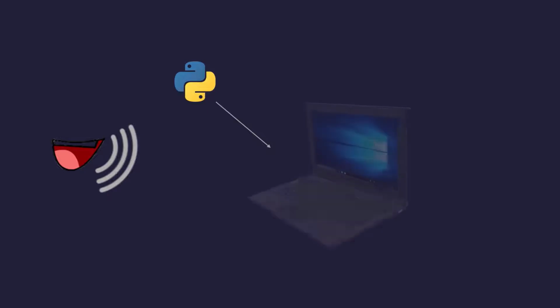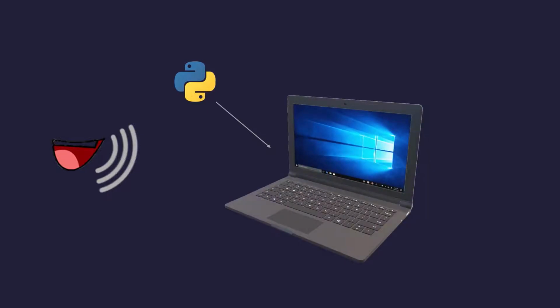The first thing is talking. You have to talk, and your speech should be recognized by Python and go through speech recognition, and your PC should give you an output of what you've asked it, like if you ask the weather, or the virtual assistant's name, or something else.